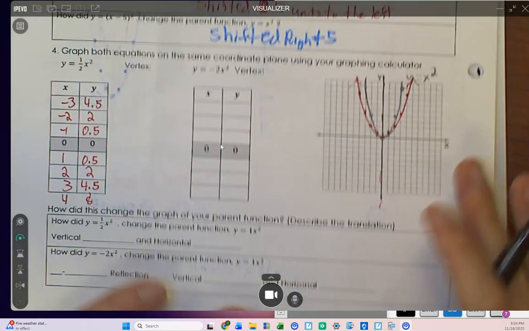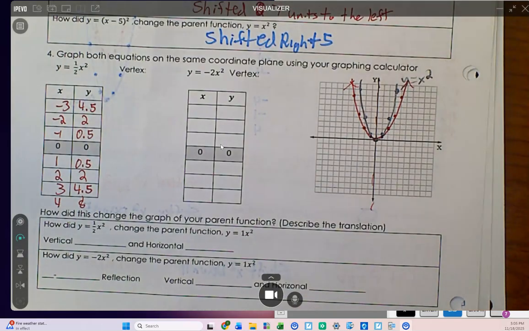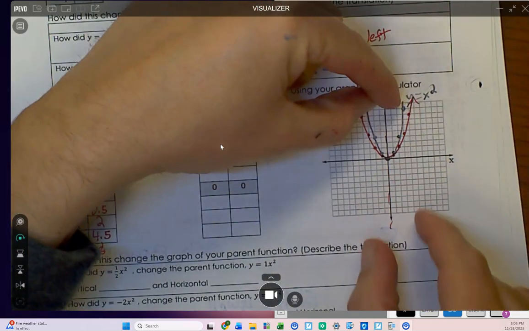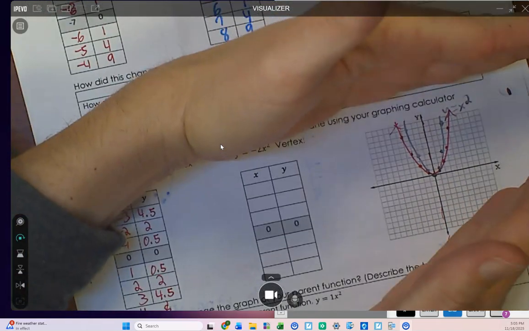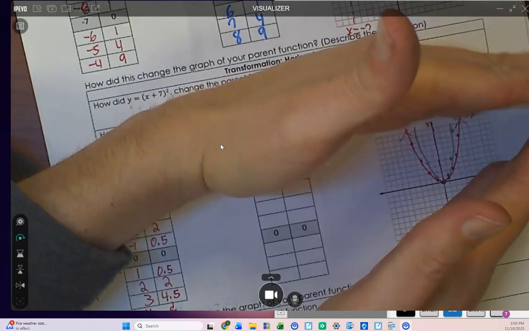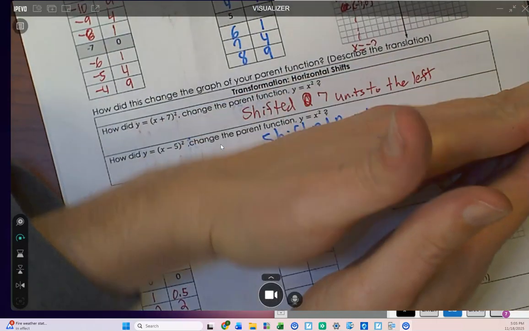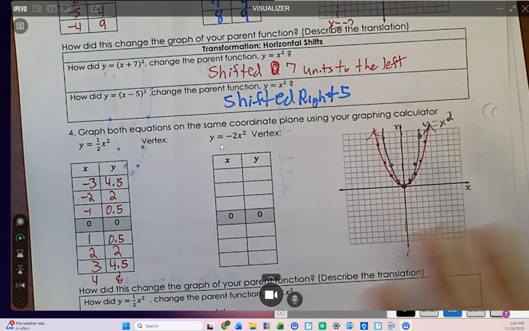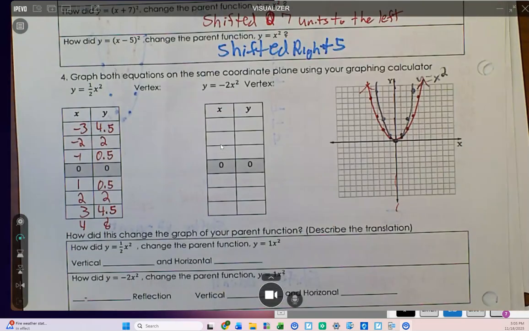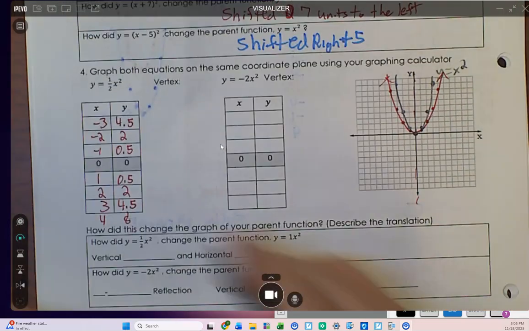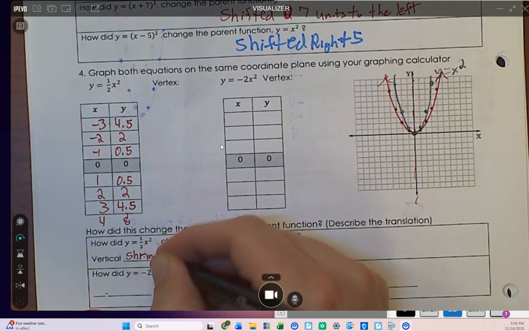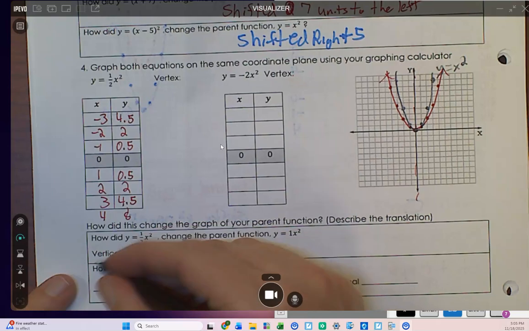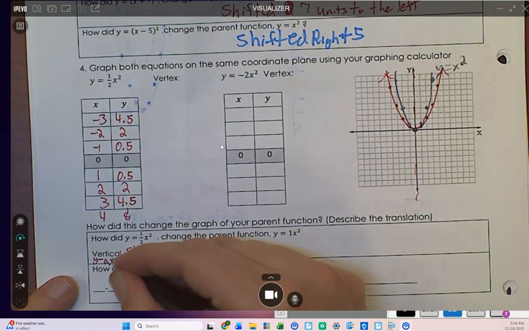Okay, so look at the parent function. There's two things that happen. One thing vertically, it looks like we took the vertical axis and compressed it down, kind of flattened out the U. So they call this a vertical shrink. And y is the vertical, that's the y-axis.